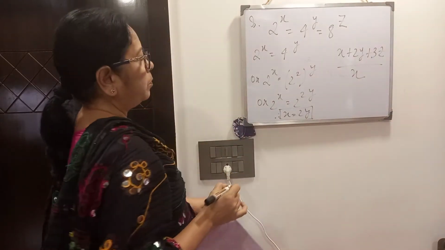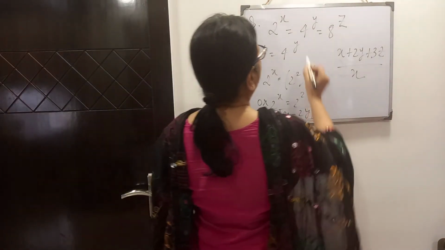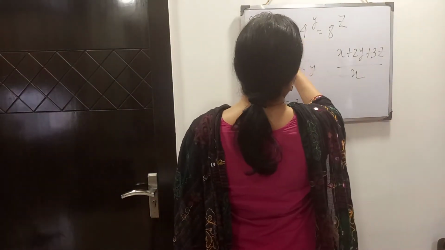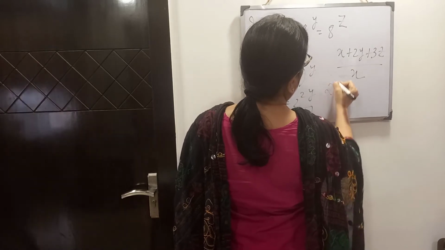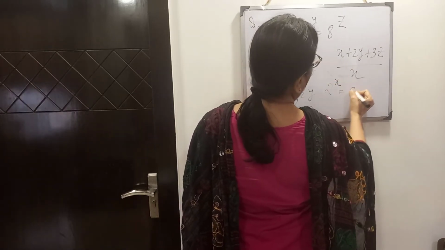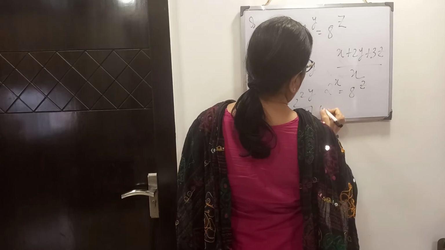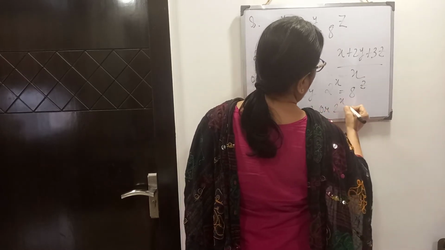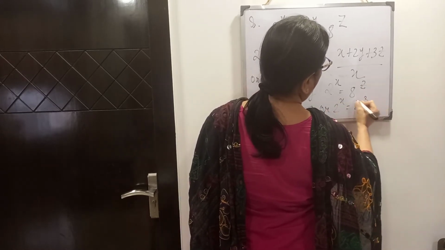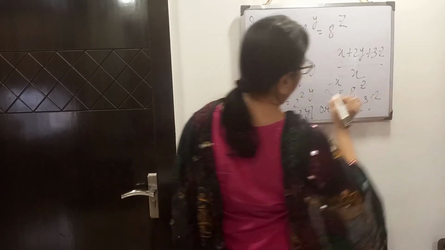Keep it in a box. Clear? Afterwards we have to use that. Again you see, I can use this relation, 2 to the power x equals 8 to the power z, or 8 means 2 cube. Clear?